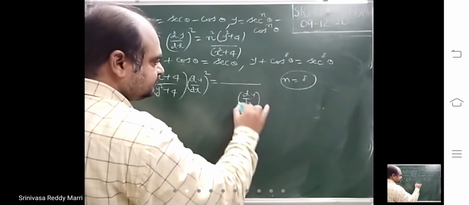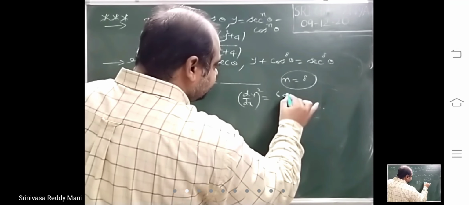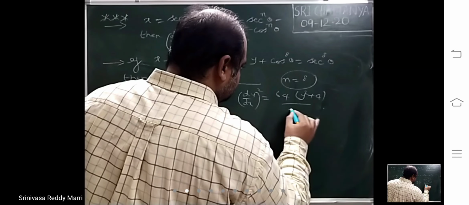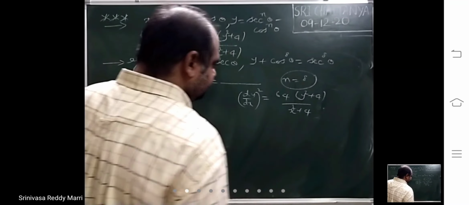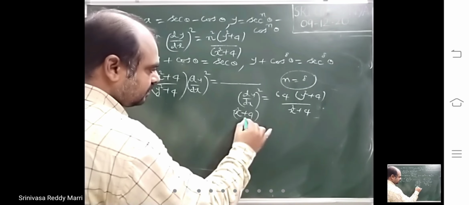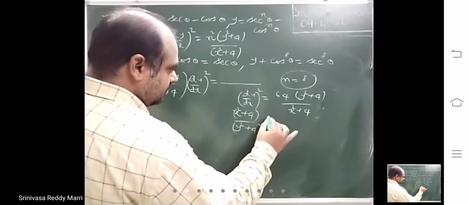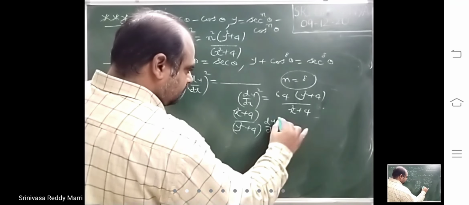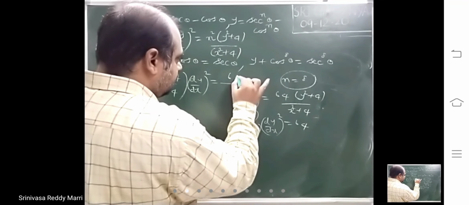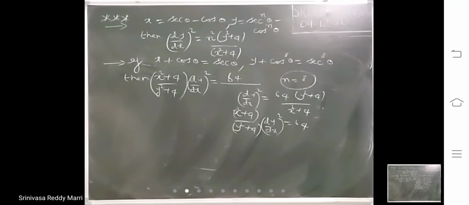The shortcut to use is dy by dx whole square equal to n square, 64, into y square plus 4 divided by x square plus 4. That is the answer, right? So how you got this, look at this problem, we will solve this.